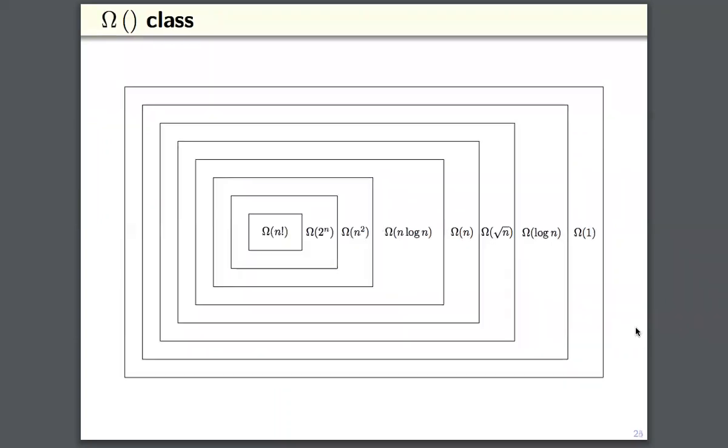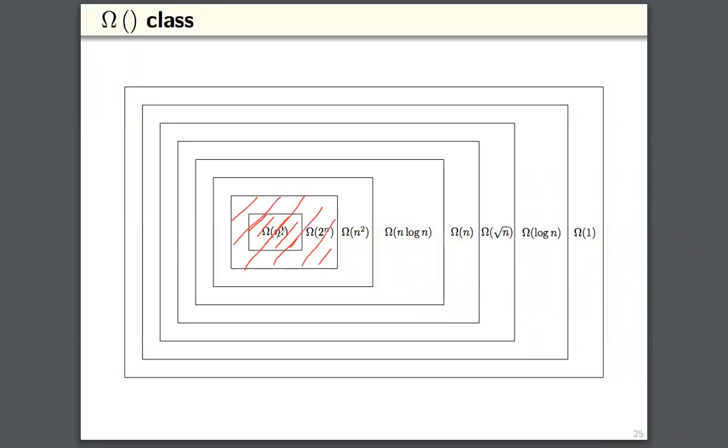What about omega? So look at this, omega of n factorial. What is the meaning of it? All functions that have at least n factorial order of growth are here. And all functions that have order of growth at least 2 power n.